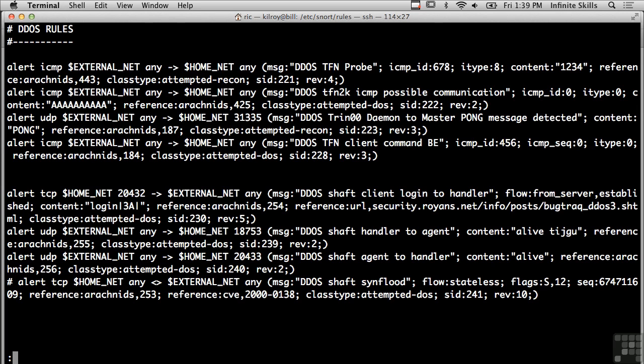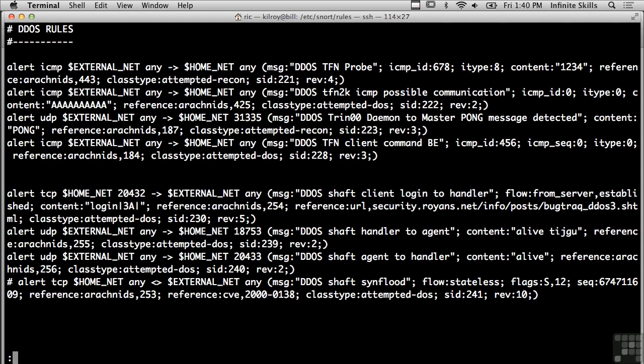So you can see here the rules for Snort, and it says alert on an ICMP coming in from any external network to anywhere on the home network. What we're looking for is a TFN probe, or Tribe Flood Network probe. So we're looking for an ICMP type of 8, and we're looking for content that says 1, 2, 3, 4.